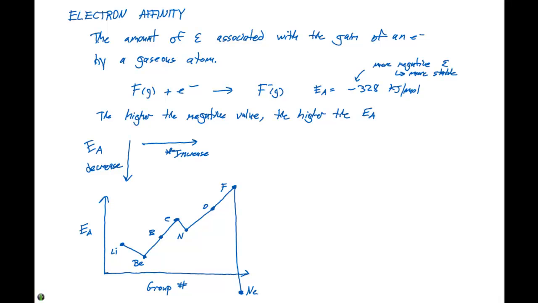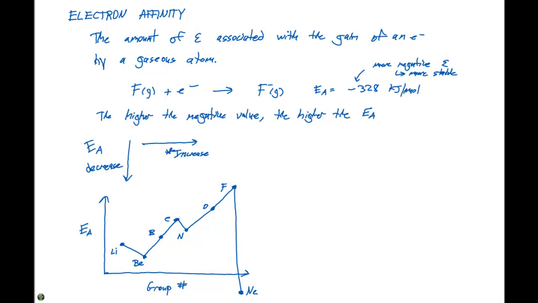So for electron affinity, you need to think of, I have a particular atom, I'm going to give it an electron. Will this want to be stabilized, or will it want to be destabilized? And the higher the negative value, the higher the electron affinity.